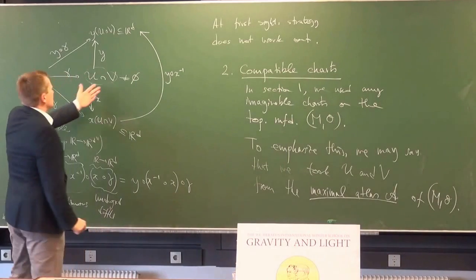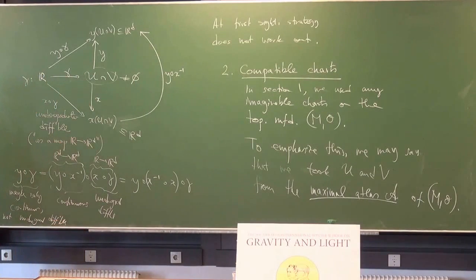But some of these guys, we might be lucky, maybe this maximal atlas can be reduced such that I throw out all those charts which have between them a transition map, a chart transition map that is only continuous but not differentiable.